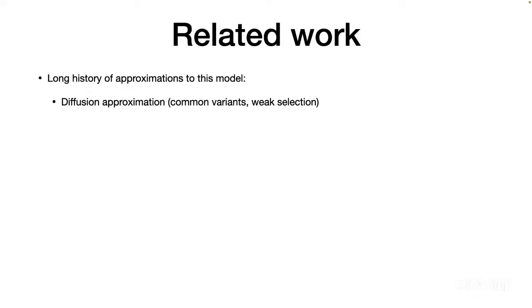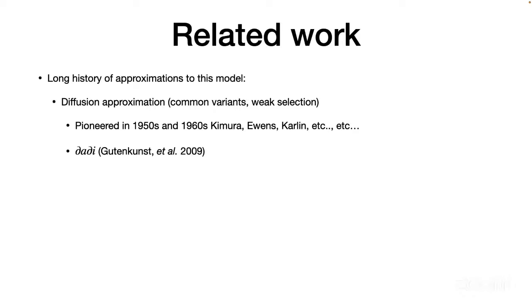So there's a bunch of methods based on that. And this goes back, I guess, 75 years at this point to Kimura and colleagues. There's a familial theme here coming up, just a warning in advance. So Ryan Gutenkunst in 2009 came up with DADI, which is a numerical way of solving this diffusion approximation.